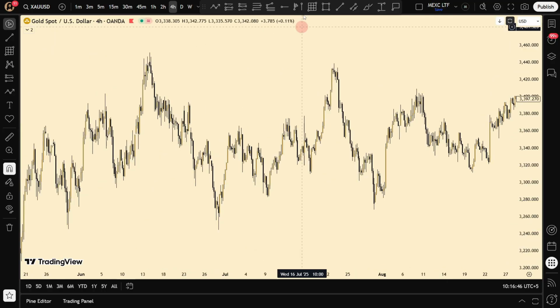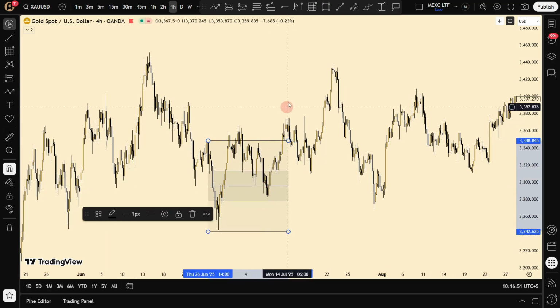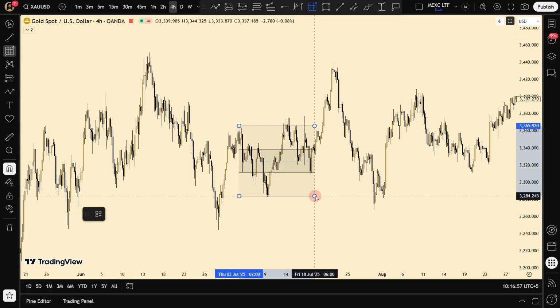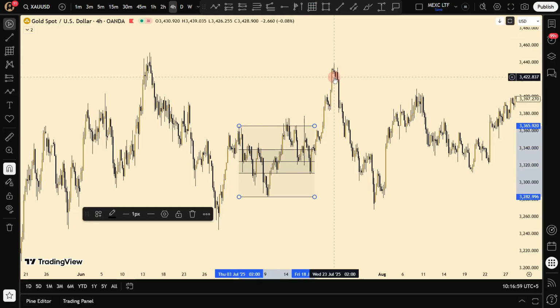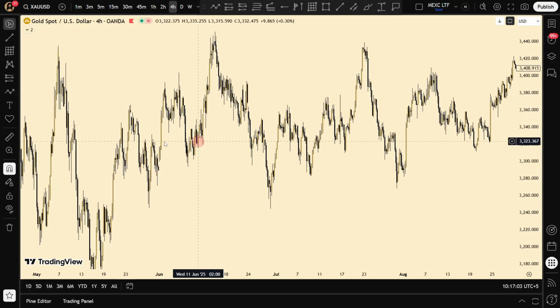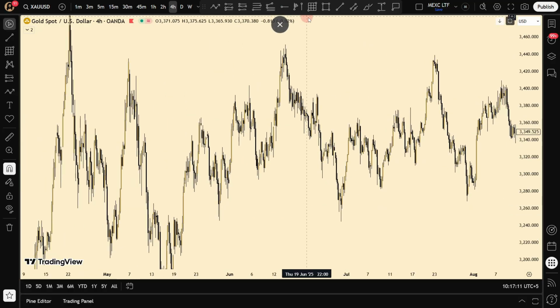You have a zone, price comes in and goes back up. Price comes down and goes back up. You can draw zones and you will see that the 33, 66, and 50% levels actually just work.